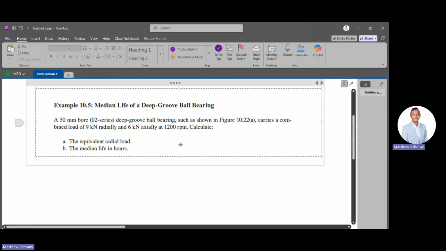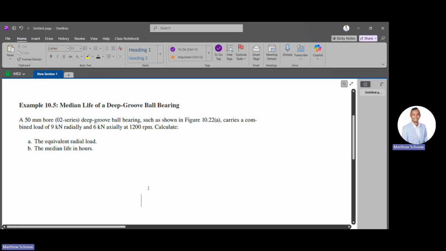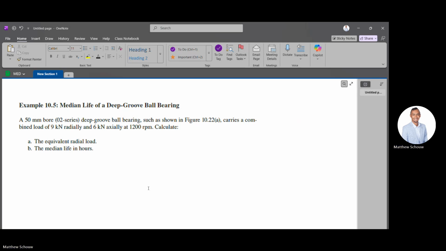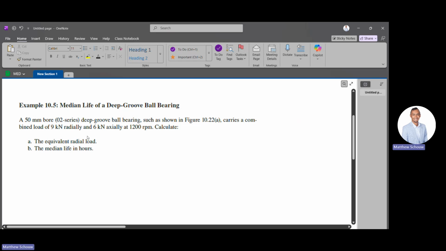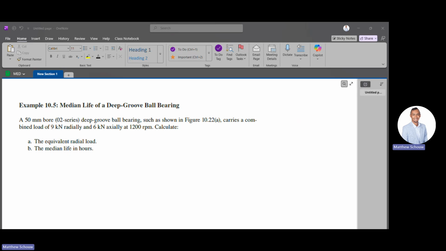Determine the median life of a deep groove ball bearing. It's a 50 mm ball bearing. You can imagine what it roughly looks like. It carries a load of 9 kilonewton daily and 6 kilonewton actually at 1,002 RPM. We need to determine the equivalent radial load and the median life in hours.